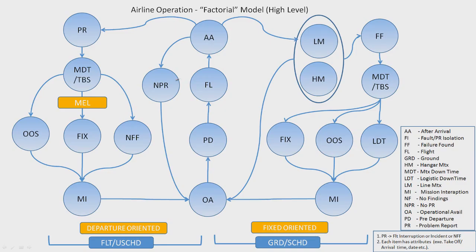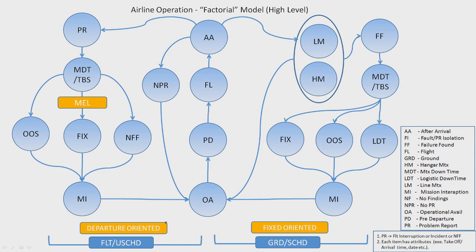Let's go a little bit back, and this is the airline operation factorial model. We already had a discussion about this model, but the reason I brought it here is to remind you that from the airline operation/maintenance perspective, we have 2 major parts in this business.